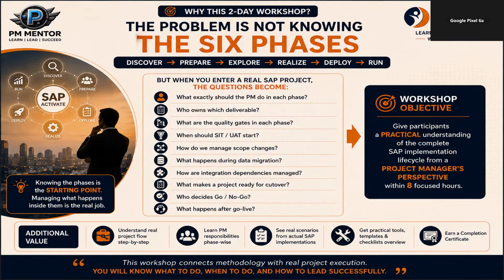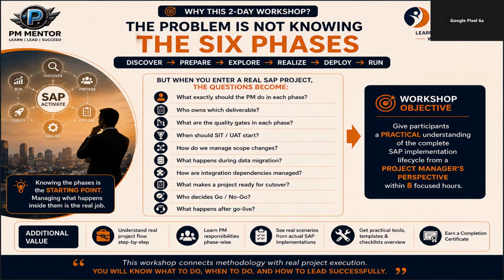Now, coming to scope: how do we manage a scope change? This is one of the biggest challenges in an SAP project. During Explore, business users may start asking for changes. One team says we need one additional report. Another says we need one enhancement.